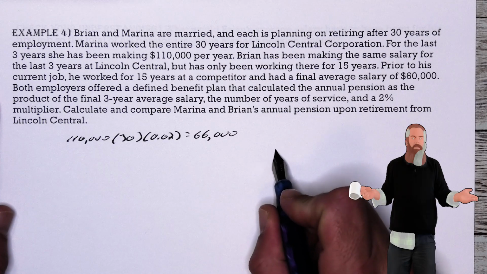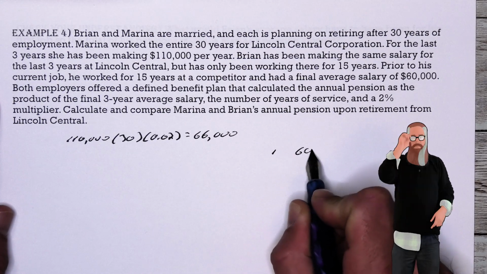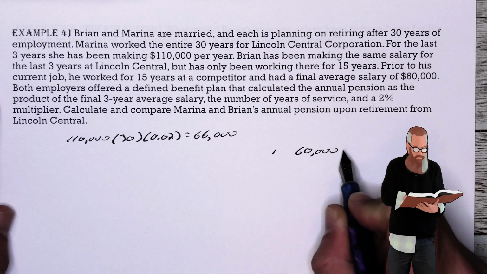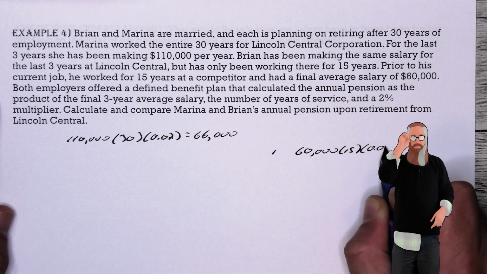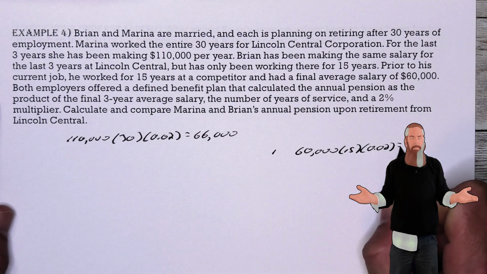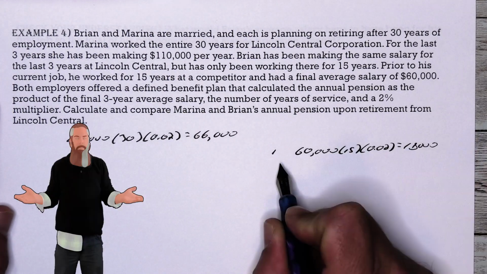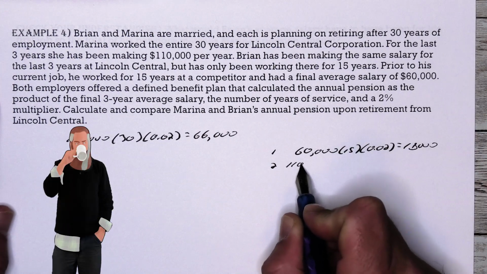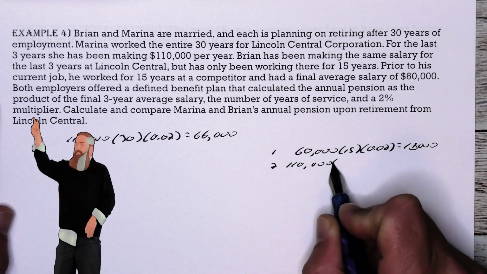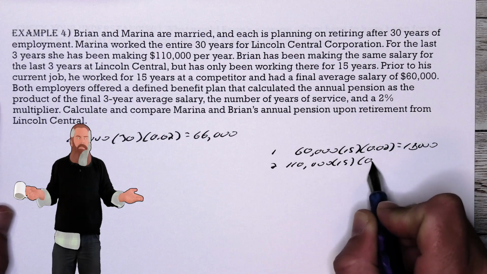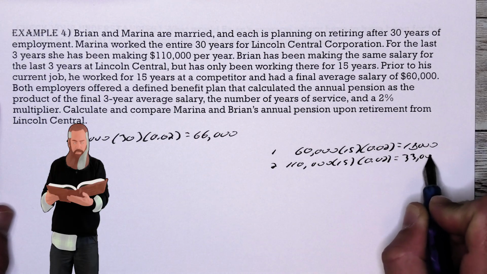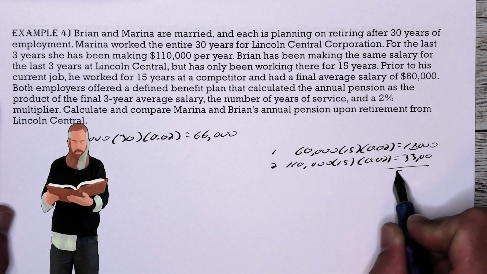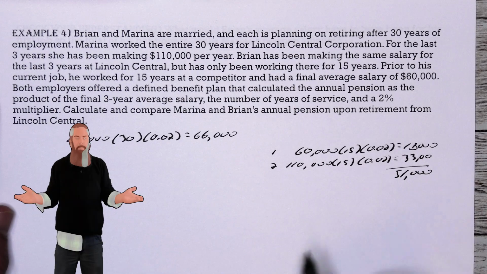So for job 1, he had $60,000 as his average salary times the 15 years of work at 2% or 0.02, giving him $18,000. The second job had an average salary of $110,000 for 15 years and 2%, giving him $33,000 there, meaning he had a total of $51,000.